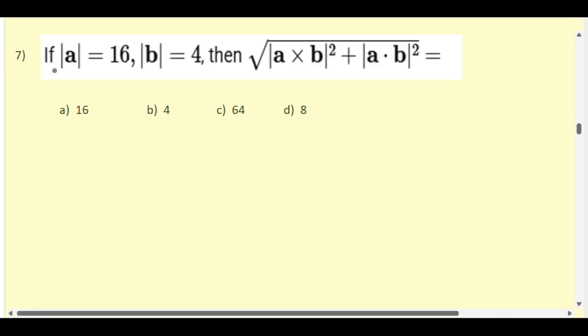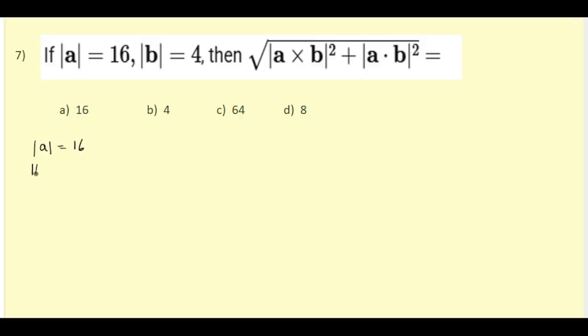Question number 7. If magnitude of A equal to 16 and magnitude of B equal to 4, then root of (cross product of A and B) the whole square plus (dot product of A and B) the whole square equal to. So what is given? We have magnitude of A equal to 16, magnitude of B equal to 4.